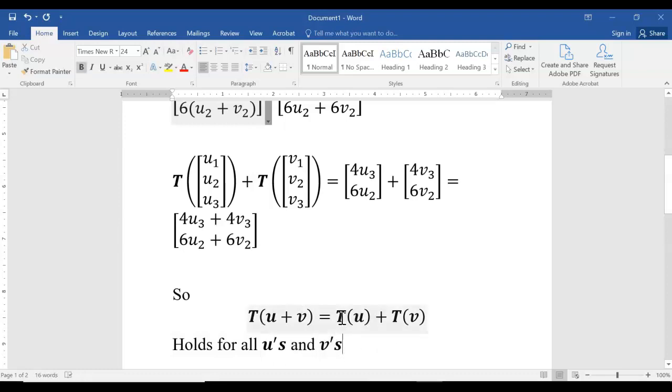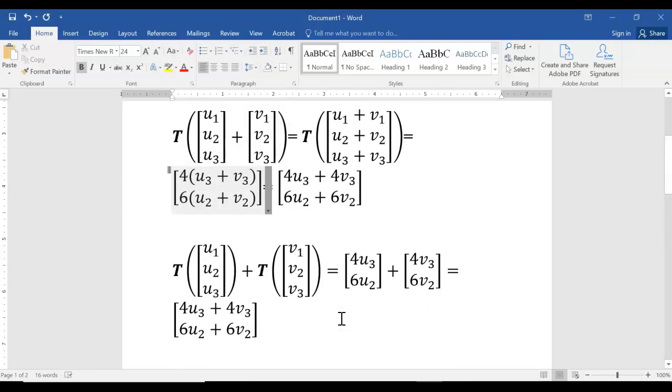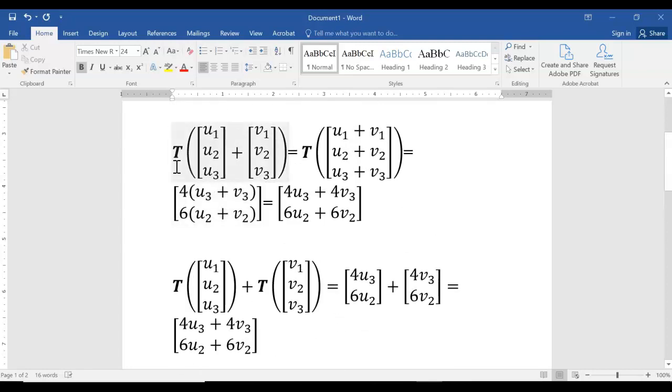So that property holds. Now, this is sort of the two directional pathways where you meet in the middle. You start with the left-hand side, you simplify that. Then you go with the right-hand side, you simplify that, and you meet in the middle.